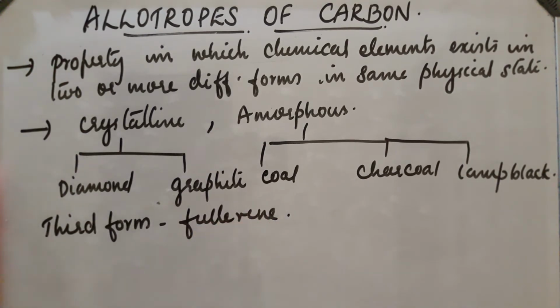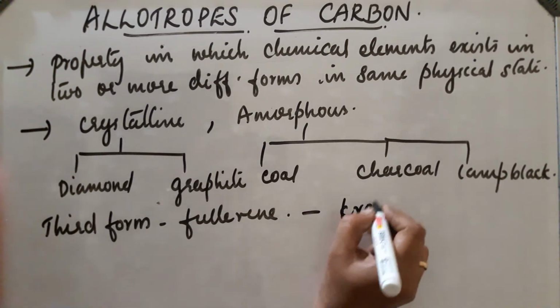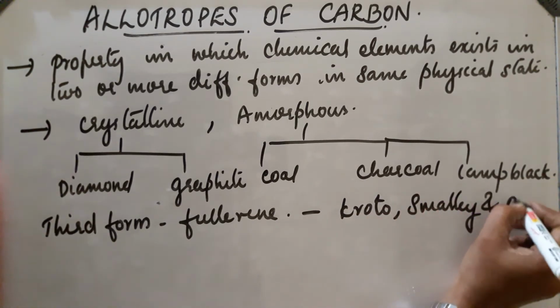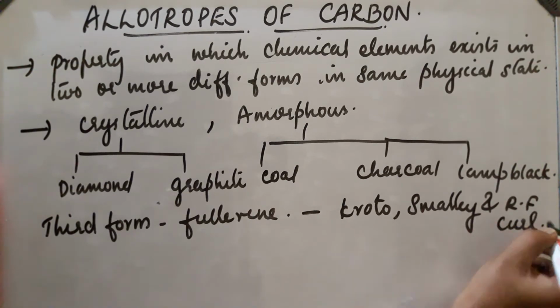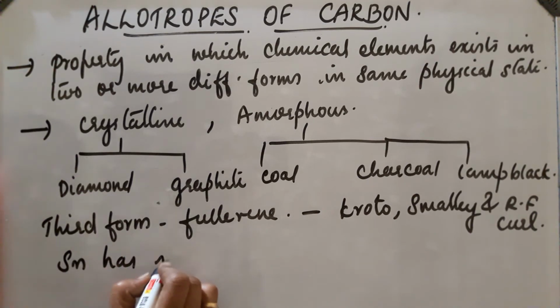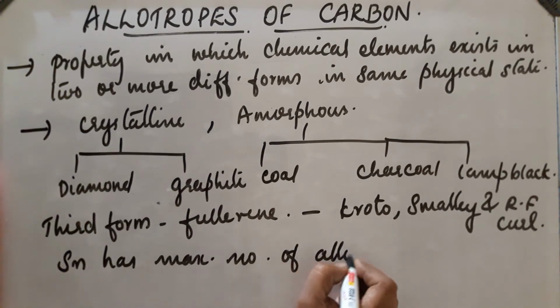The third allotropic form of carbon is fullerene, and it was discovered by Kroto, Smalley and Curl. And tin has the maximum number of allotropes.